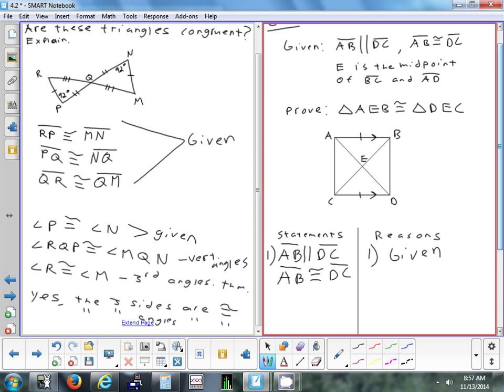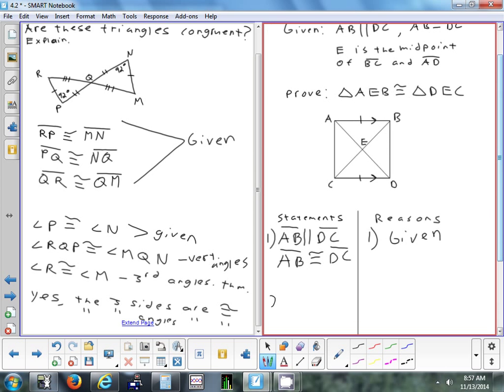You know what? Let's do the angles first. So now we've got that AB and DC are parallel. What kind of theorems can we use when we know we have parallel lines? Sometimes we have parallel lines that are cut by a what? Yep, a transversal.